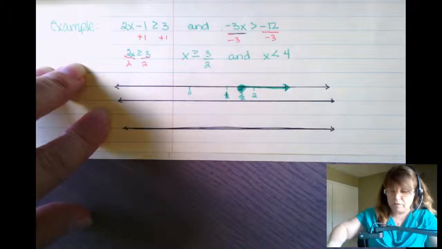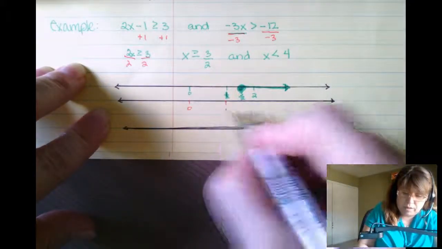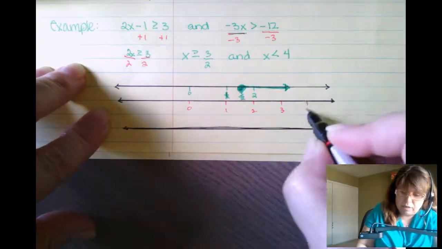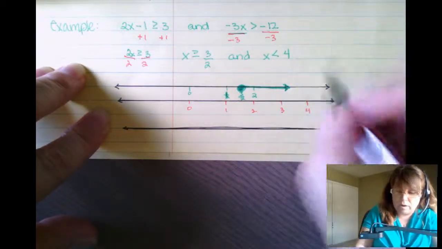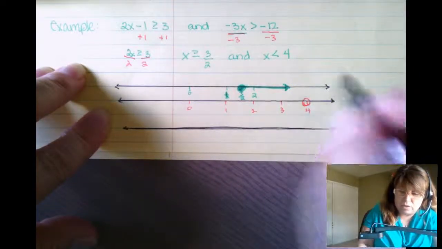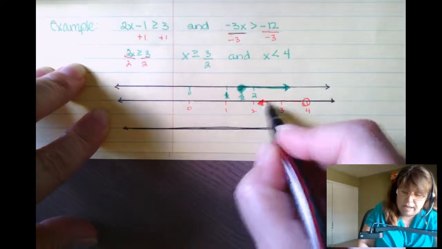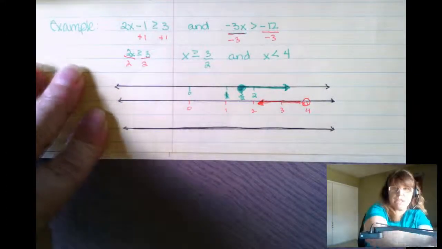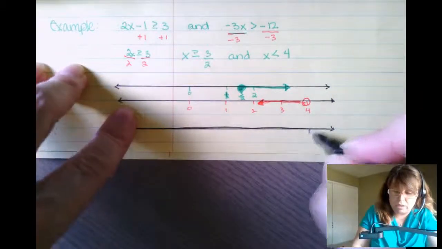Second portion of the problem, I have 0, 1, 2, 3, 4. X is less than 4. So it's an open circle and everything to the left. But when you put the two of them together, because it's an and, it's going to be everything in between.